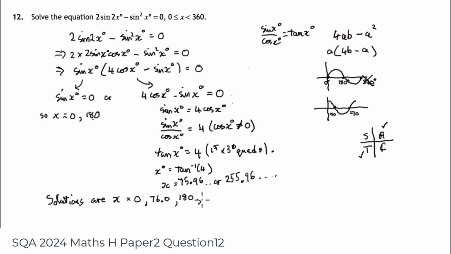And finally 255.9, that would go up to 256.0 to 1 decimal place. So that's to 1 decimal place where necessary. Some of them are exact, 0 and 180. So that's it. These are the 4 solutions in this range of values for x that satisfy this trig equation.